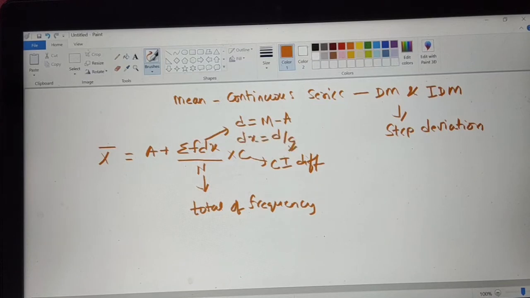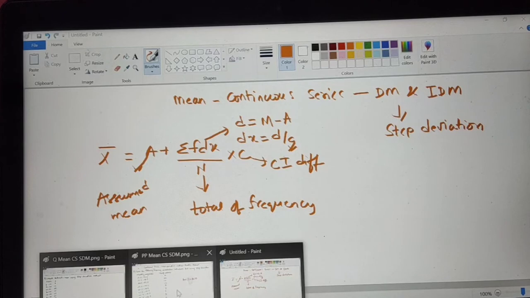C again means the same. Here a is the assumed mean. These are the different things that we need to note down while doing a problem related to the step deviation method. Now let's get ahead with the problem.